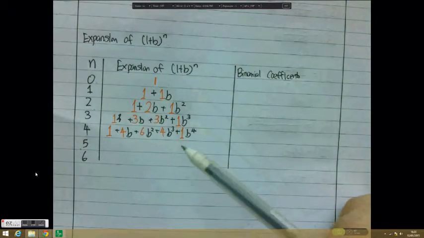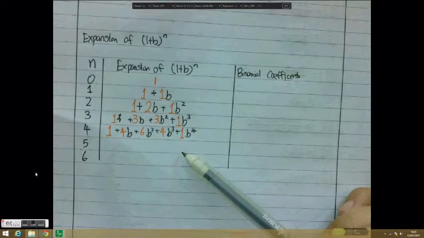Now, I want you to notice something about this table. As we expand for the different powers, when n is 1, n is 2, n is 3, n is 4, and so on, like for example 1 plus b to the power of 4, we get this whole term here. Notice the binomial coefficients there, and we want to look at the pattern.